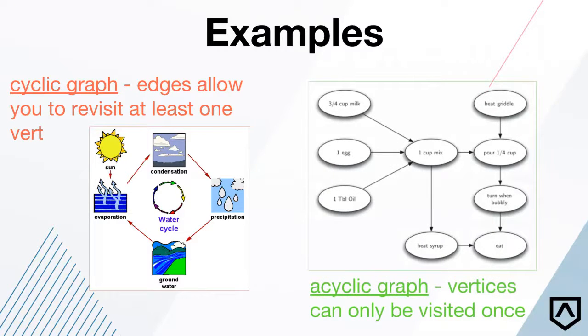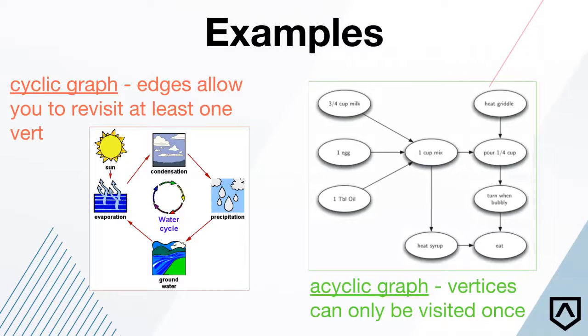Or we can have an acyclic graph, which simply means that nodes can only be visited one time. So for example, if you turn your favorite recipe into a graph, it's possible that there are steps that need to be done only once.